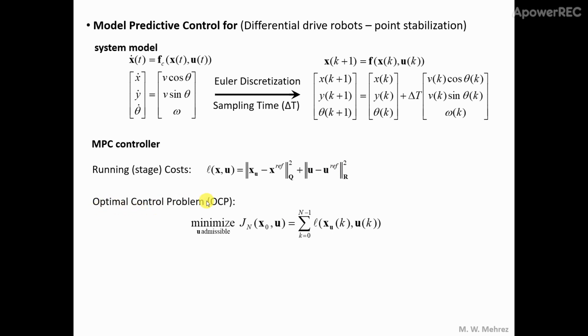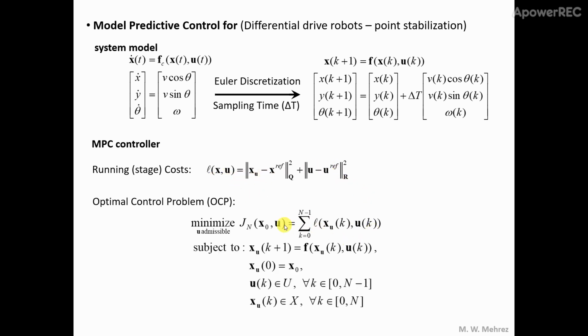Then we formulated our optimal control problem, or OCP, for our MPC controller, where we would like to minimize a cost function that is simply a summation over a certain prediction horizon length n for the running costs L that we showed up here. We minimize this cost function subject to these constraints. Of course, one of the most important constraints is basically the dynamics model.